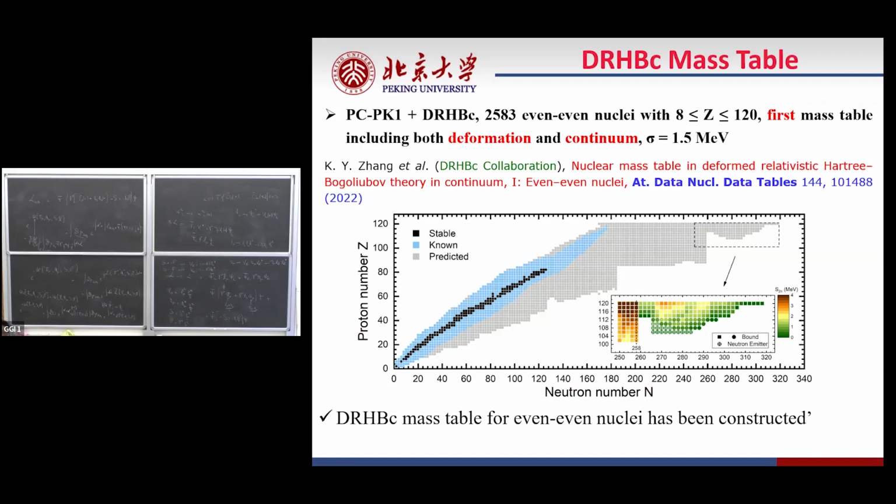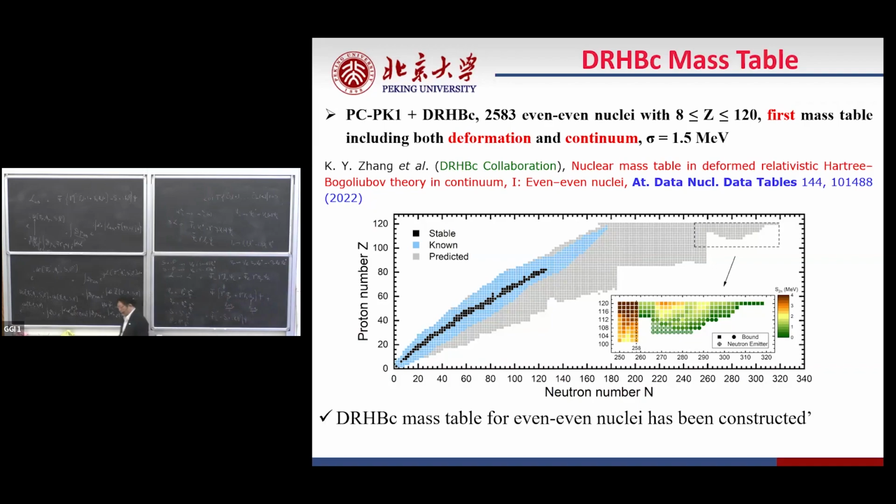If beyond this 2 neutron separation energy, or beyond the 2 neutron drip line, we may expect also some multi-neutron separation stable nuclei. So you could see that is the case. We found that these nuclei are still stable, even though the 2 neutron drip line ended here.